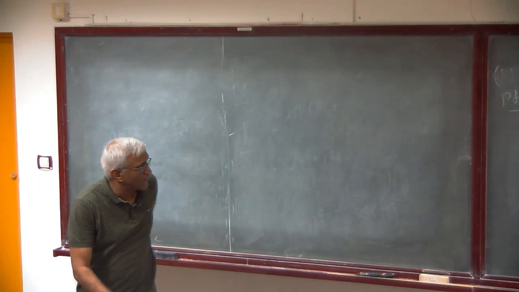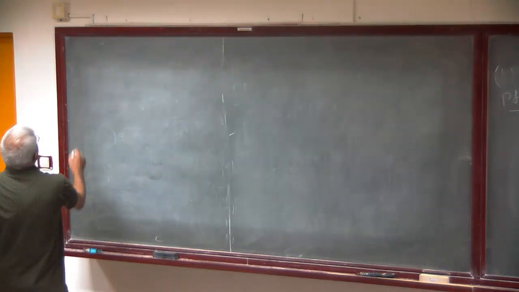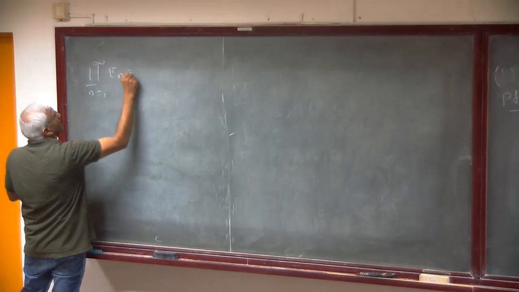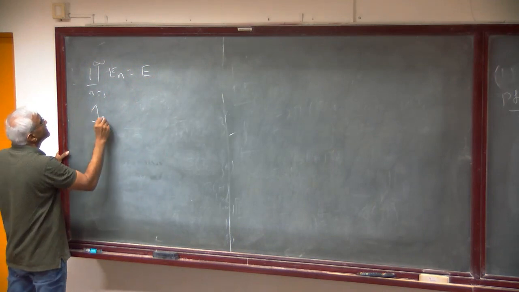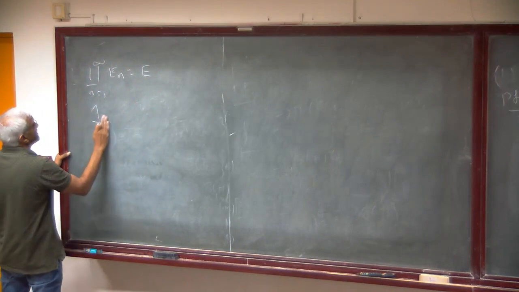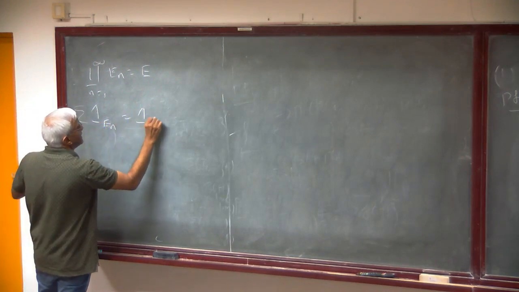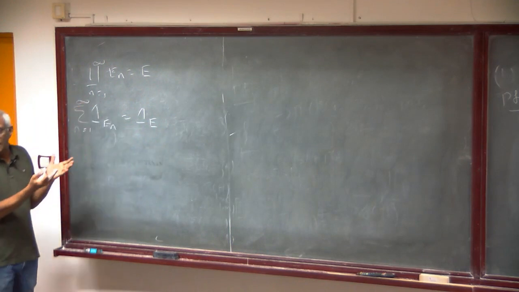So the other statements are clear, I believe, because if the union of E n for n equal to 1 to infinity equals E, then we know that the summation of the indicator functions of E n converges to the indicator of E almost everywhere.